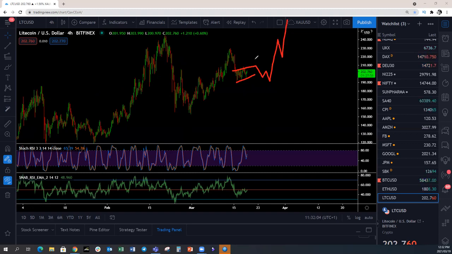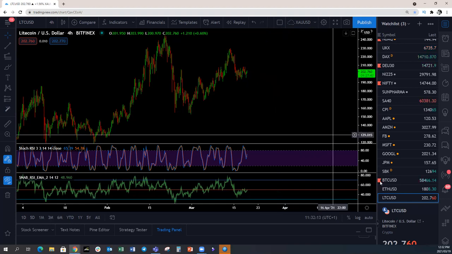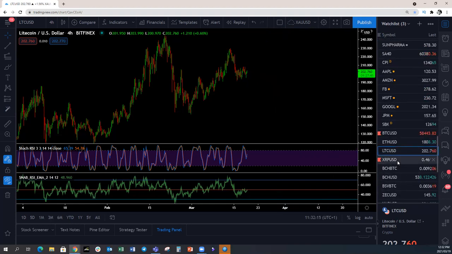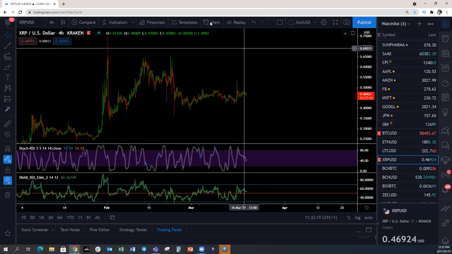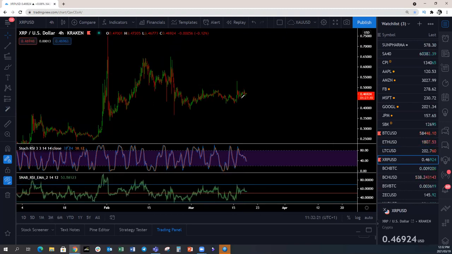This is obviously exaggerated, but we're going to expect this one to make 1, 2, 3, 4, and a 5. Remember, we're looking for the last wave 5 here. That is Litecoin, Ethereum. Ethereum looks like we're still going to have a bit of a drop here before any move to the upside.